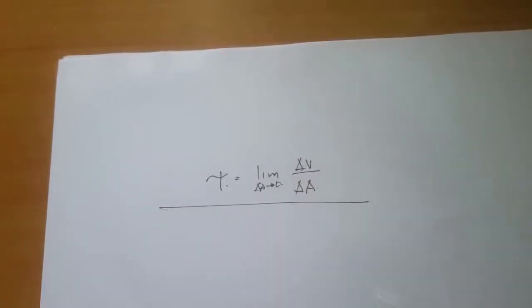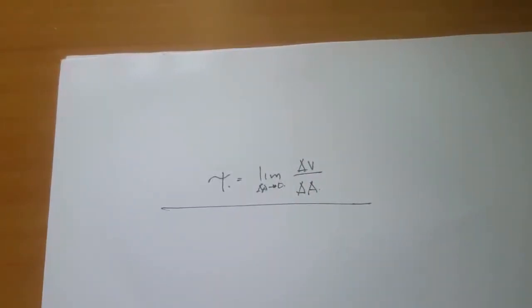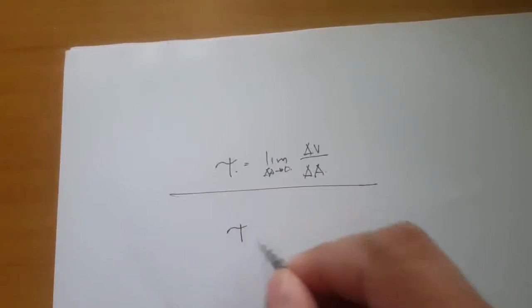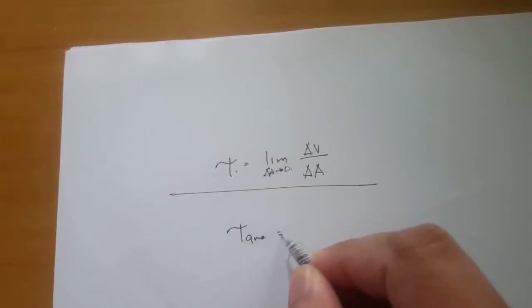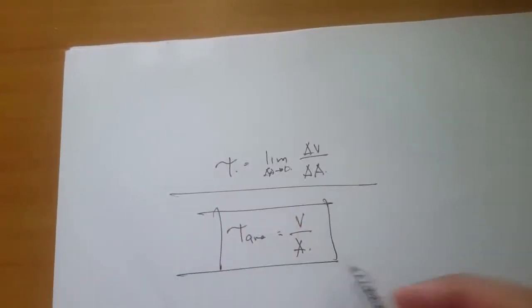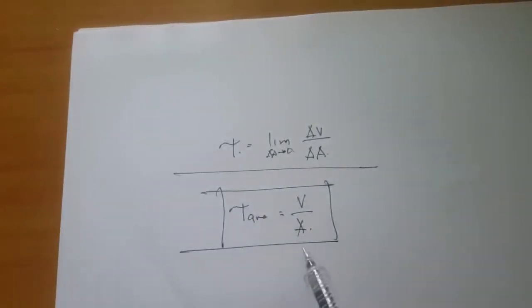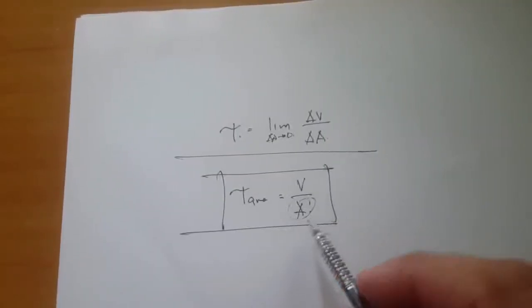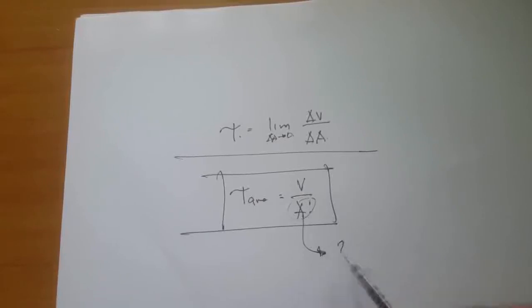But the same with what we did with axial stresses, sometimes we only deal with the averages, so it's simply like this. The key in solving these stresses and strains for direct shear is that you have to determine what this area is, if it is double shear or whatever.